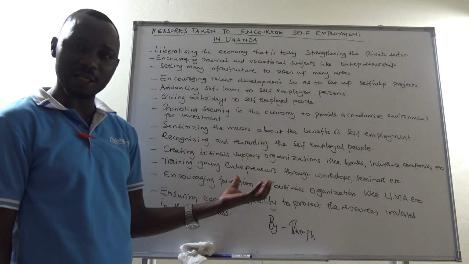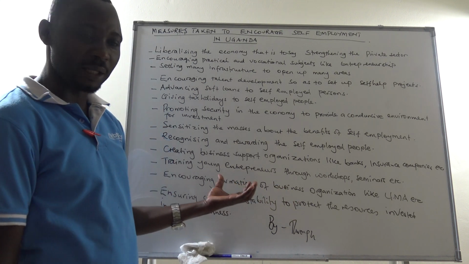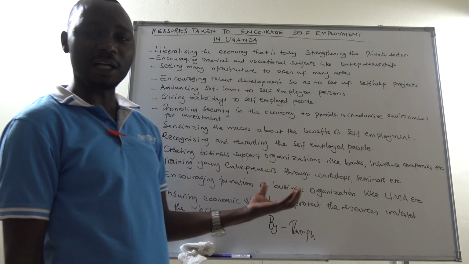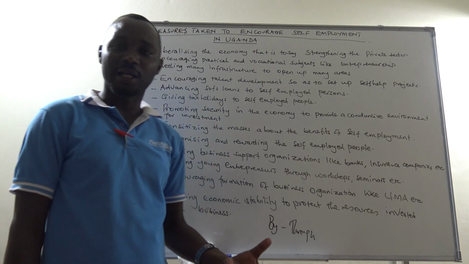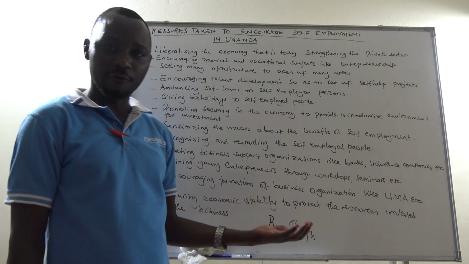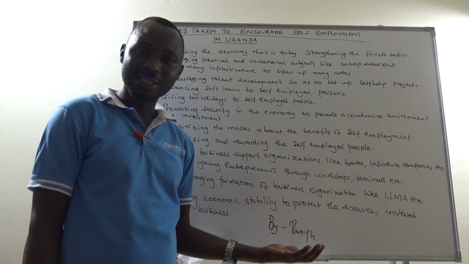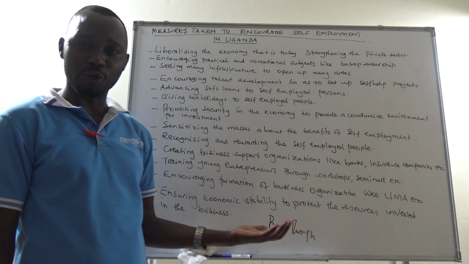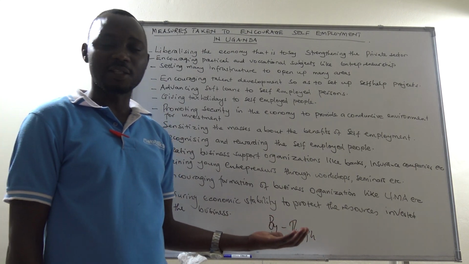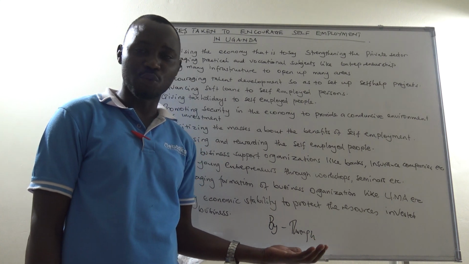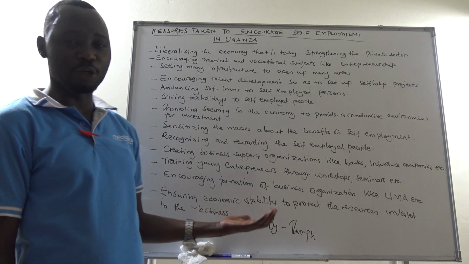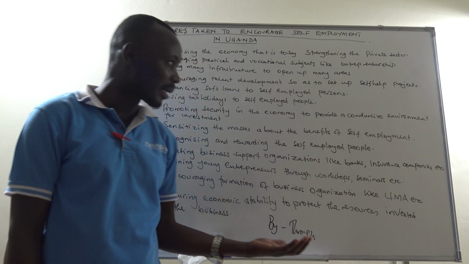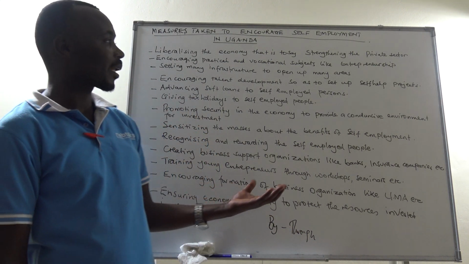All the factories in Uganda are owned by private individuals. And for that matter, the country gets prestige. The country is known for producing something, and yet it is not the government that produces it. But because it is being produced in Uganda, they say it is made in where? In Uganda, though the government may not have had a hand.